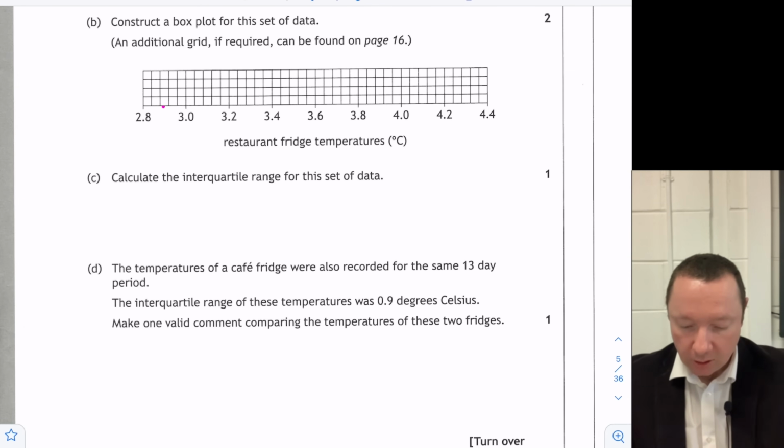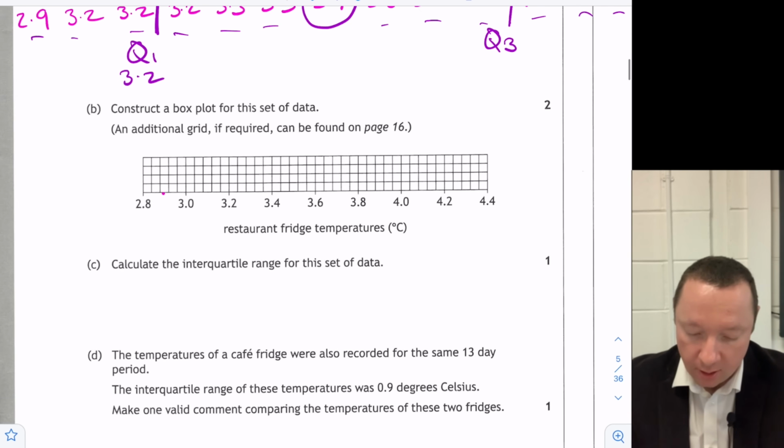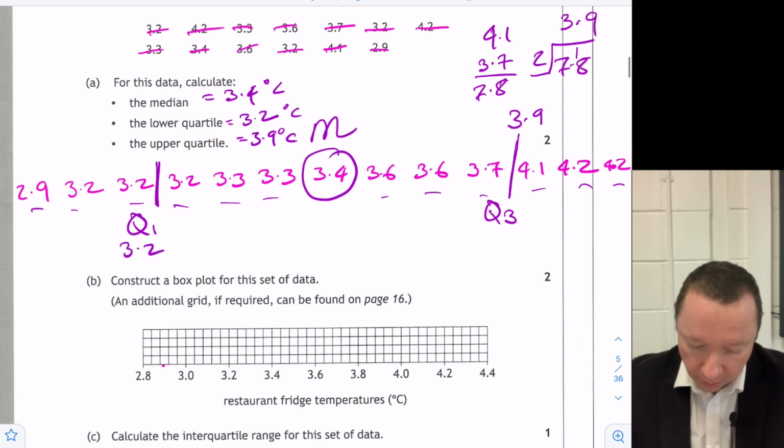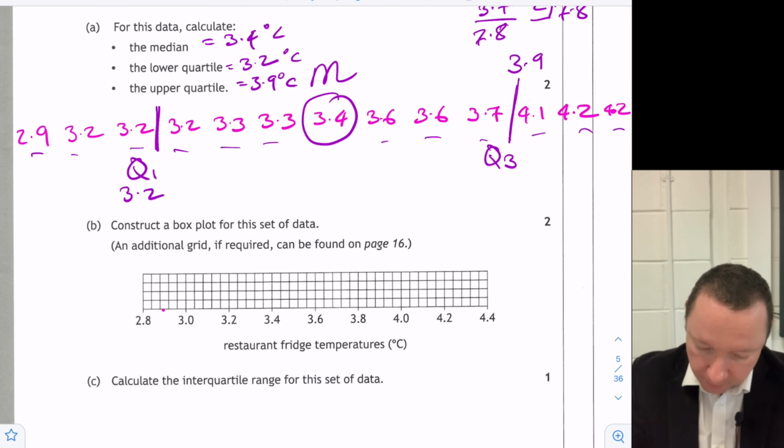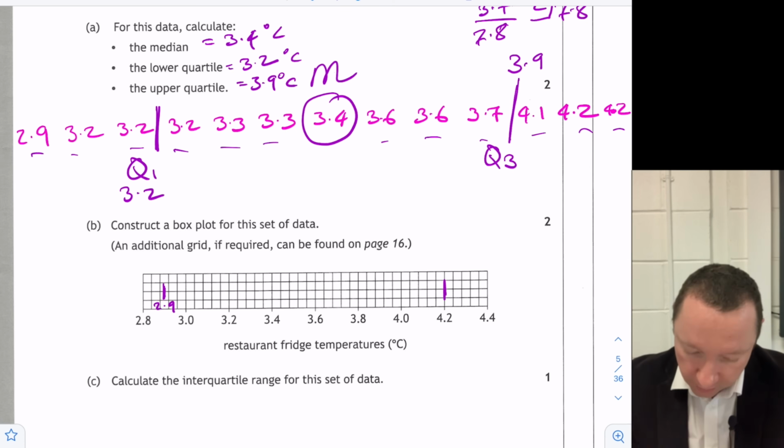Part B. Construct a box plot for this set of data, and this grid is on page 16. Our lowest number is 2.9, so that's going to be here. I'll label that 2.9. Our highest number is 4.2, which is here. So we've got our lower and higher limit.